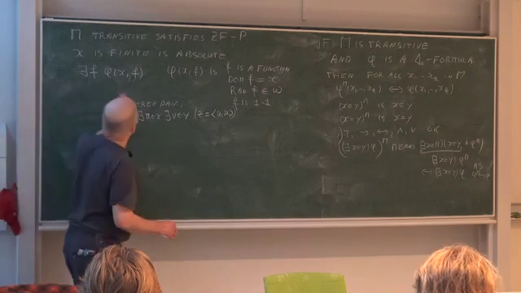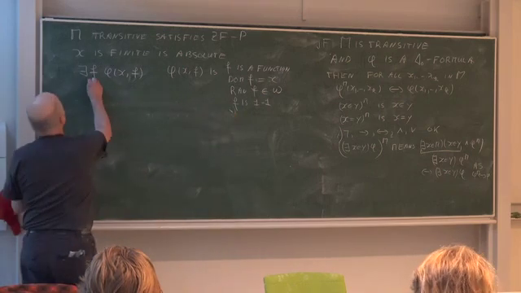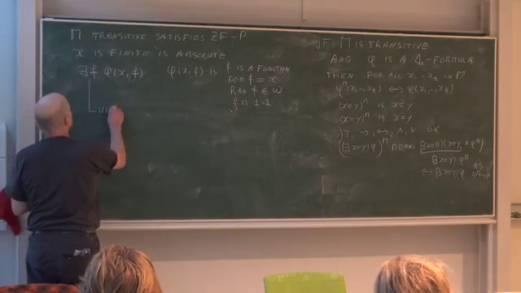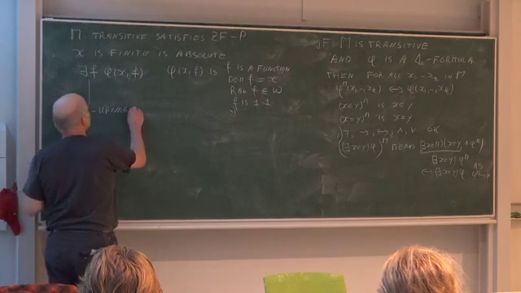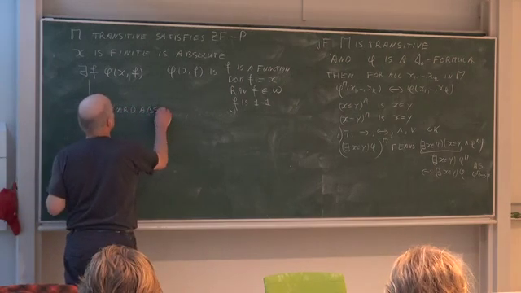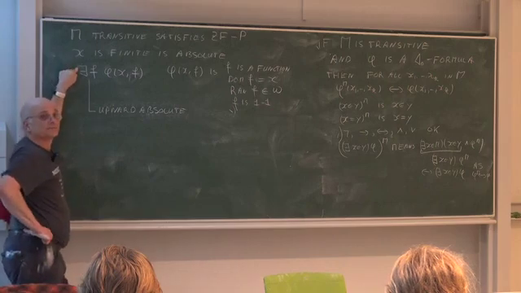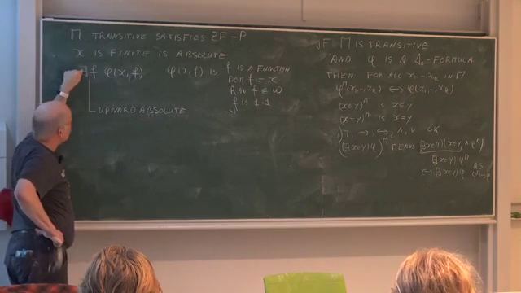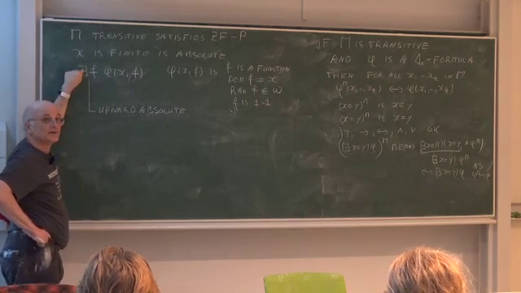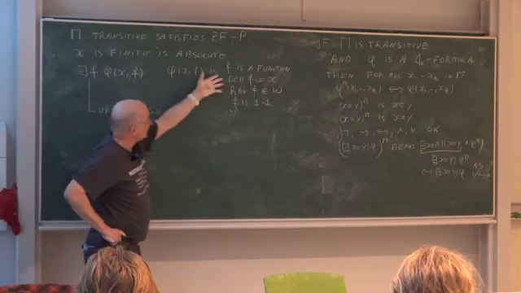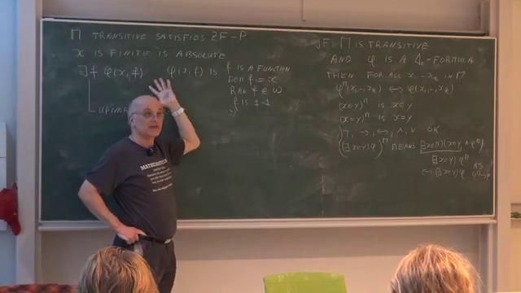Okay, let's erase this. This is upward absolute. Because if there is a member of M that does this, then it does it in M. If it does it in M, it does it.